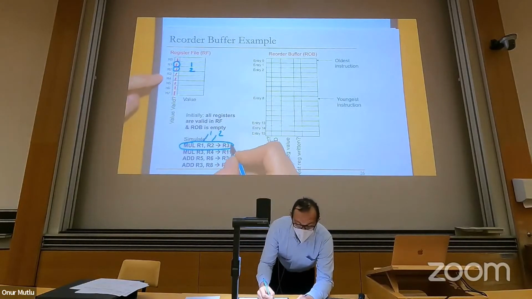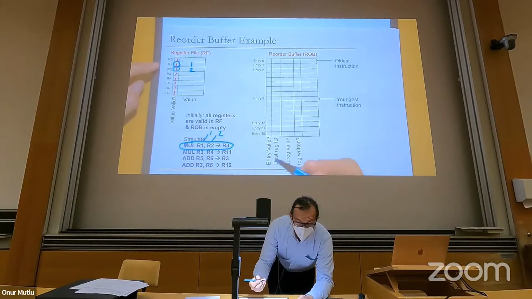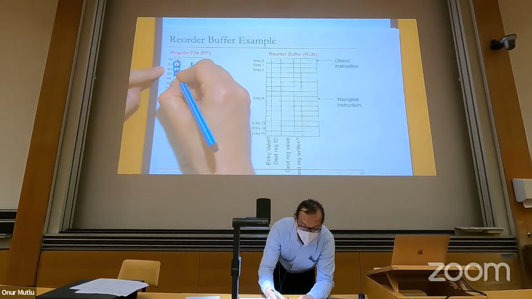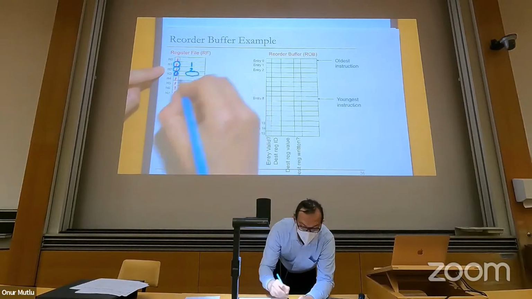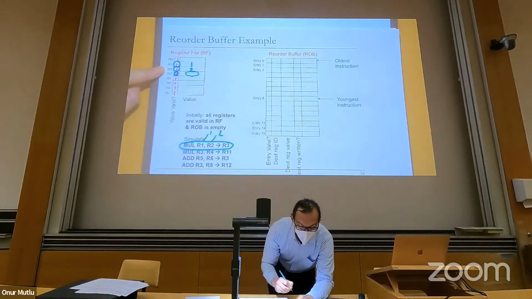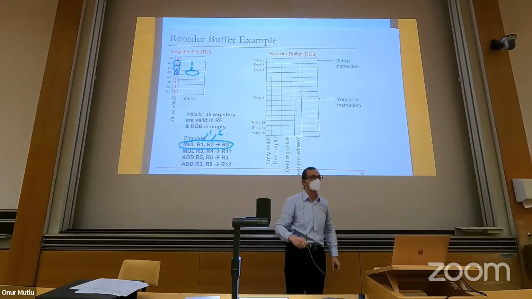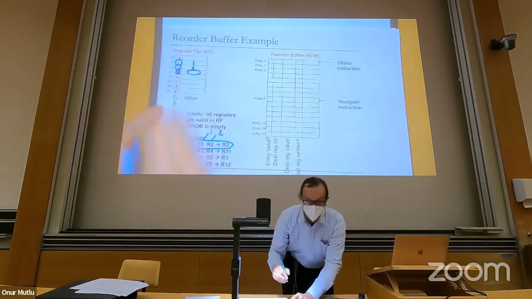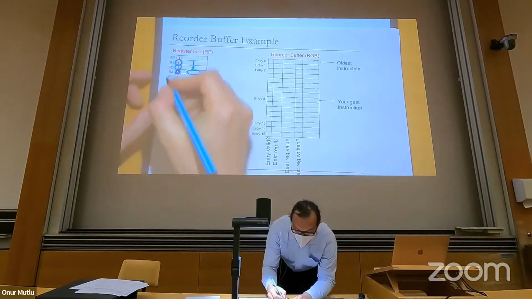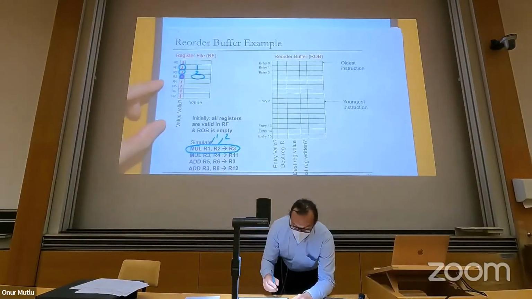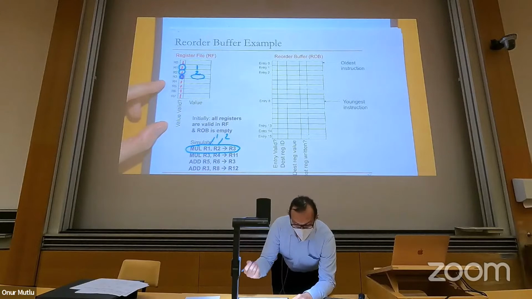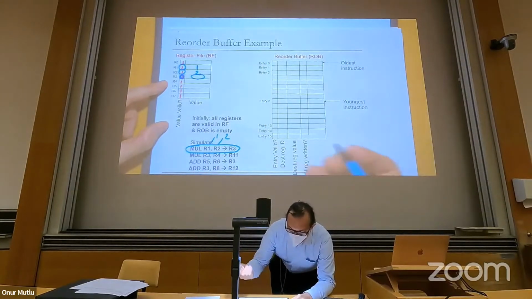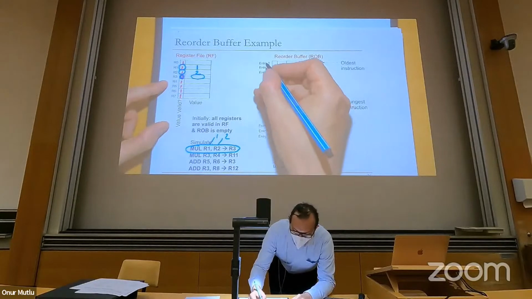Now it's going to write to register 3. What multiply does is set register 3's valid bit to 0, saying that you cannot trust the value over here because I'm going to write to it. Any later instruction that comes after this multiply should not get this value, because there's a multiply that's going to produce that value. At the same time, multiply gets allocated to the first entry.